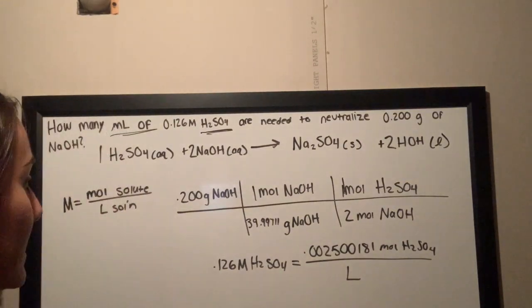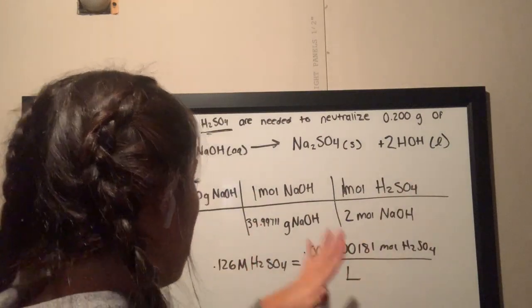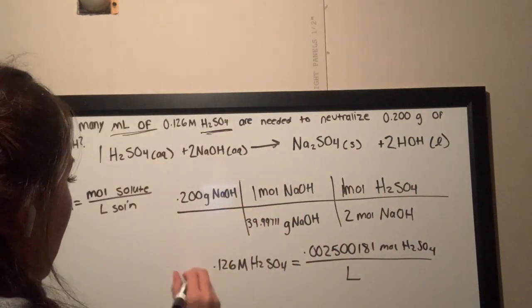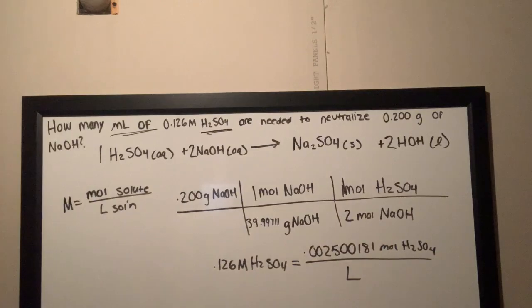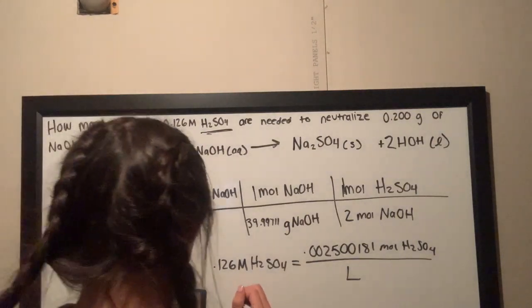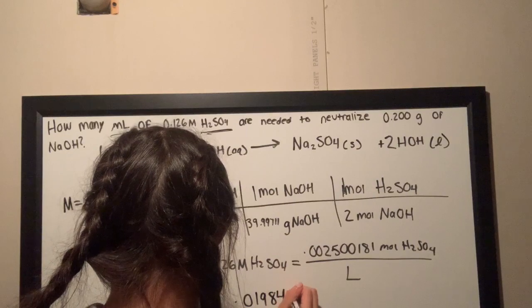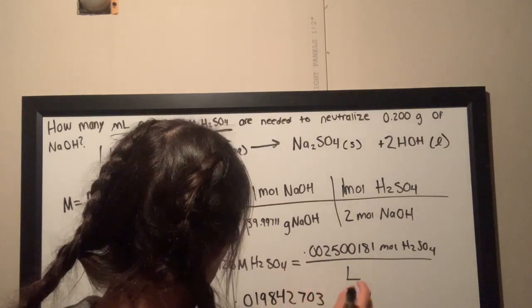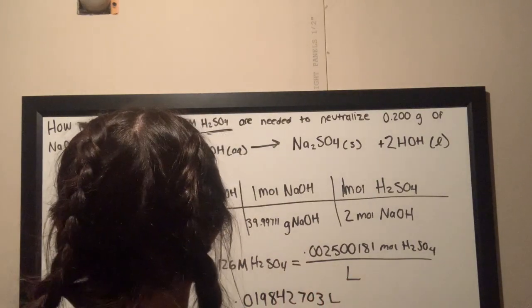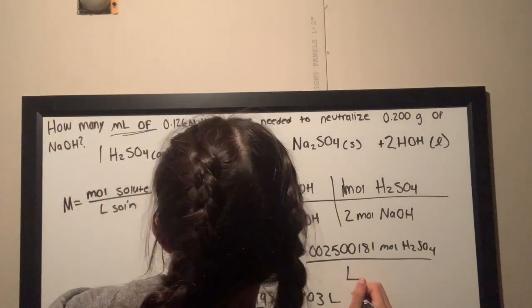The way that I think about it is to get rid of L, you would multiply by L, so you'd have an L here, dividing this by 0.126. You can do that however you want, it's just algebra. Okay, so the answer is 0.019842703, but liters of H2SO4.